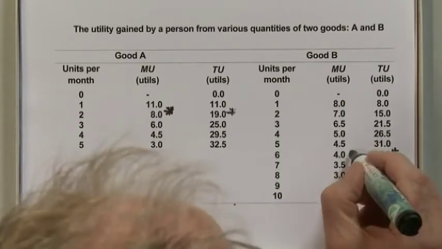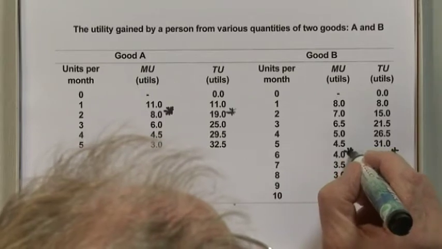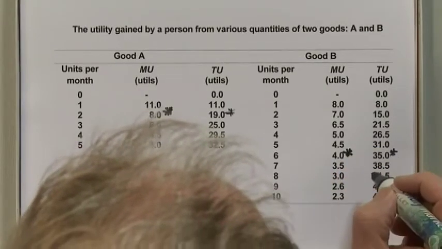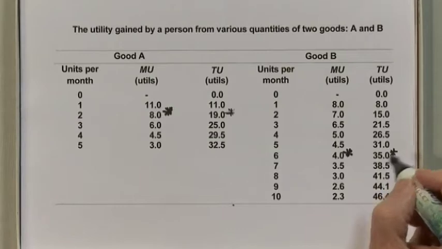The 6th unit got you 4 degrees of utility. Then we've got something wrong. It isn't actually true that the consumer maximizes their welfare by allocating their expenditure so that marginal utility on the two goods is the same.